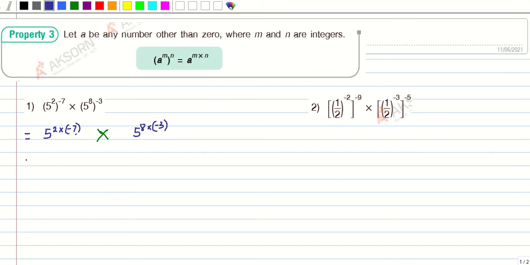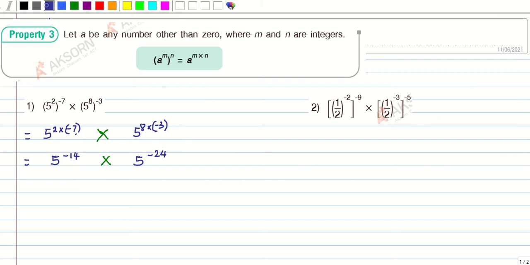Okay, so this is equal to 5 to the power of negative 14 times 5 to the power of negative 24.